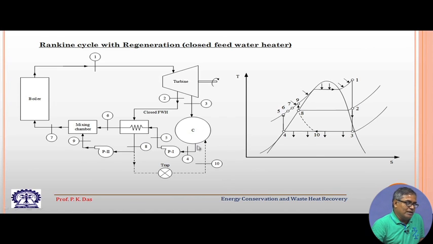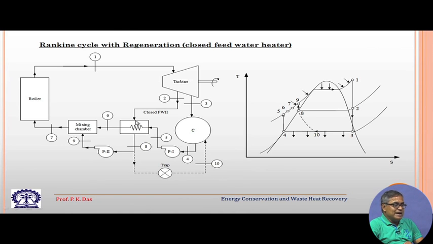Once it condenses, it passes through the feed water heater through a pipeline, through tubes, because this is nothing but a heat exchanger, regarding which we will learn in later classes. And the steam which has been extracted will be used to heat this condensate or water, but not by direct mixing, it will flow outside the tube.